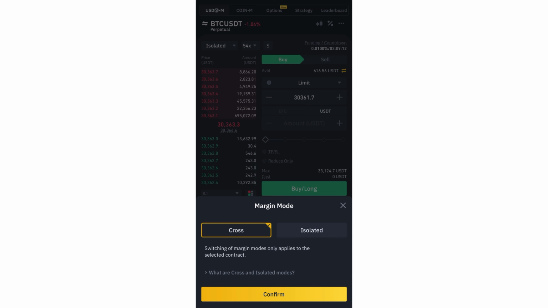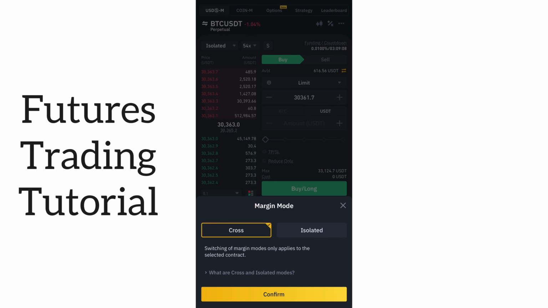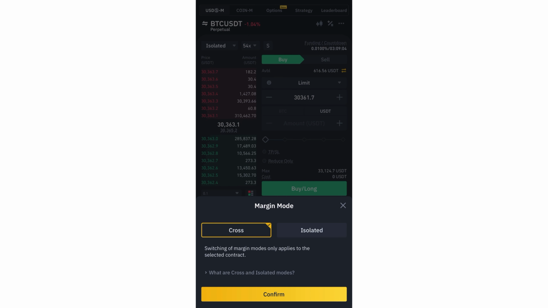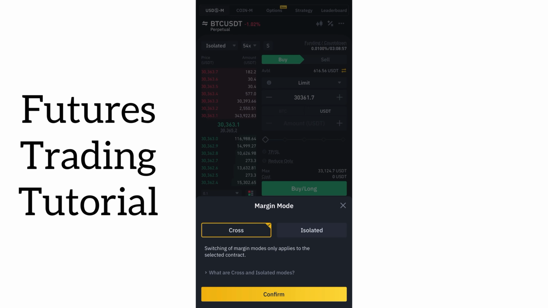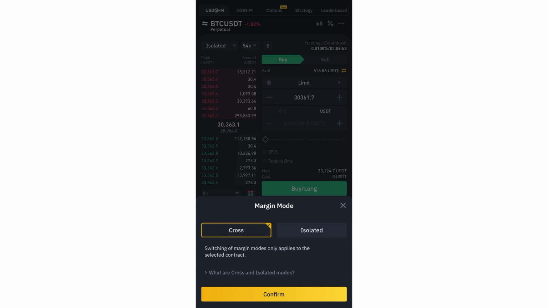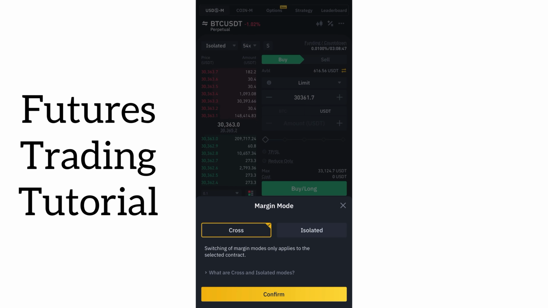Let's say the market is going against my prediction or my position, and it gets to a stage where all my margin has been exhausted. Instead of the market liquidating me and getting me out of that trade, it's going to take more money from my balance and put it into the trade. That is what cross margin means.